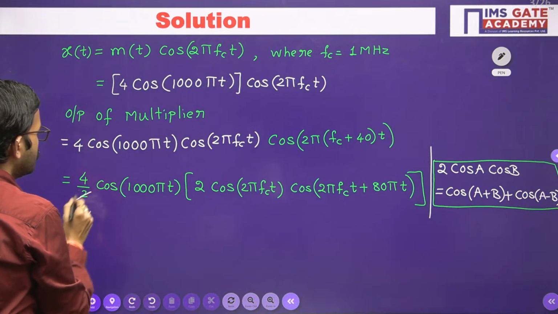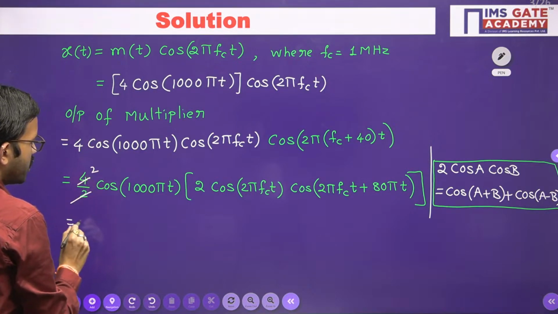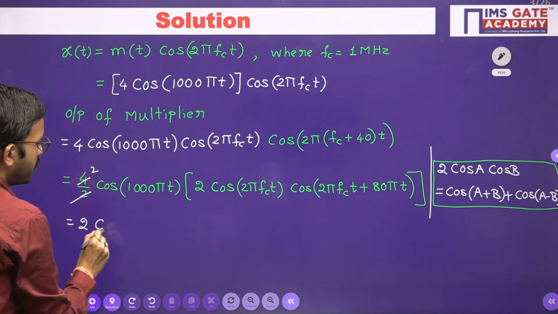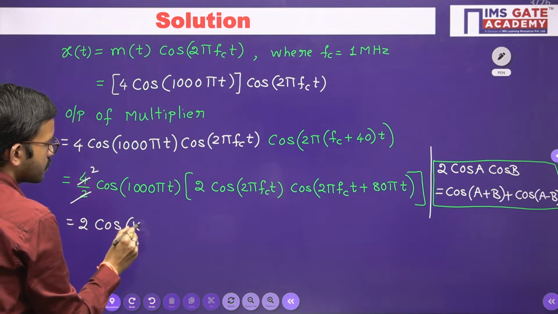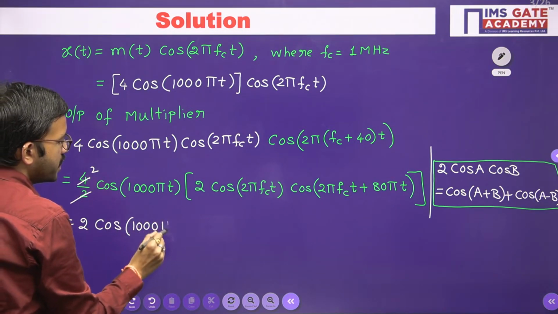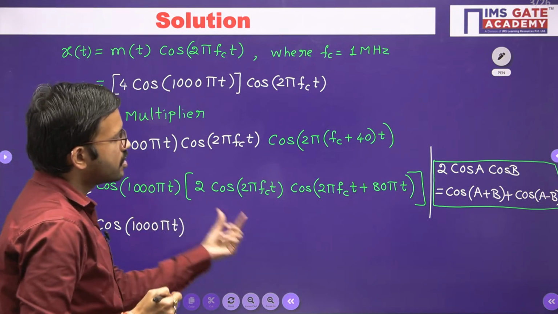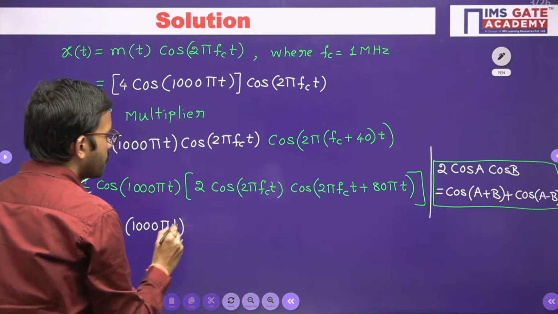So here, 2 times, that means you are having 2 cos 1000 pi t, then 2 cos A cos B is nothing but cos sum.